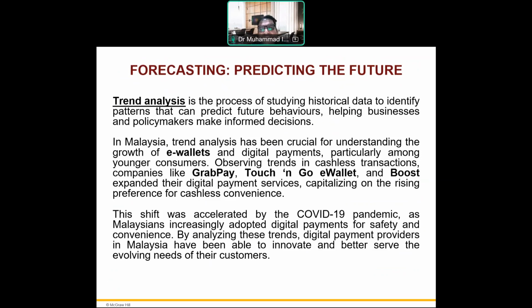Observing trends in cashless transactions, companies like GrabPay and Touch 'n Go e-wallets, but more famous is Touch 'n Go, and Boost expanded their digital payment services, capitalizing on rising preferences for cashless convenience. So every company like GrabPay, Touch 'n Go, and even most of the banks also have their e-wallets.